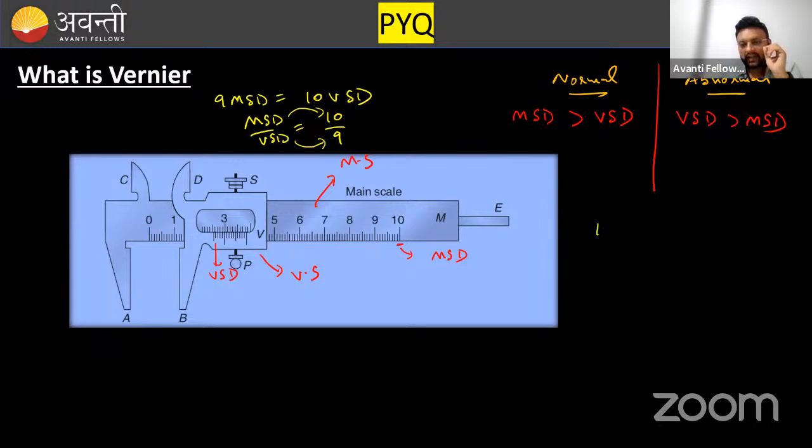Now, if I say 10 MSD is equal to 11 VSD, what is this? Normal or abnormal? Whose divisions are smaller?